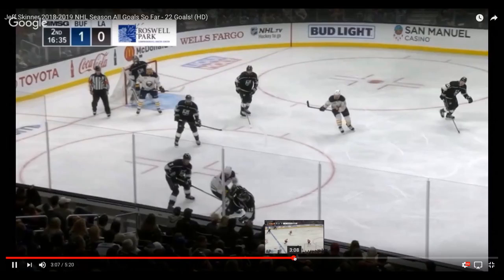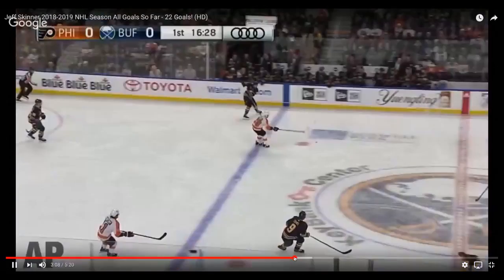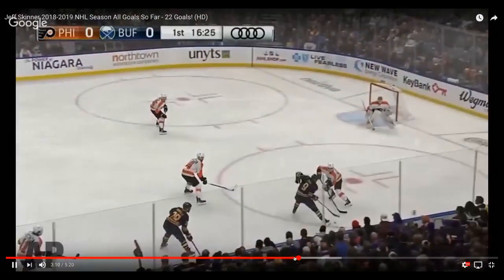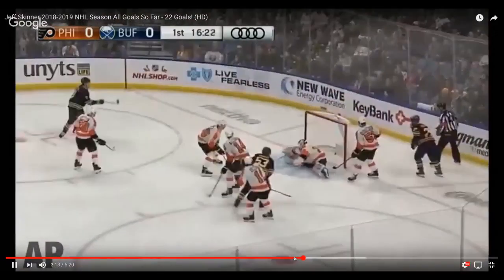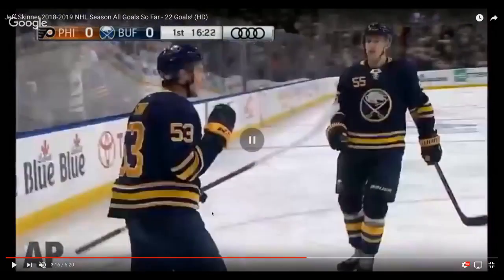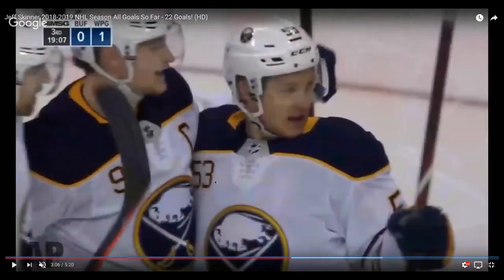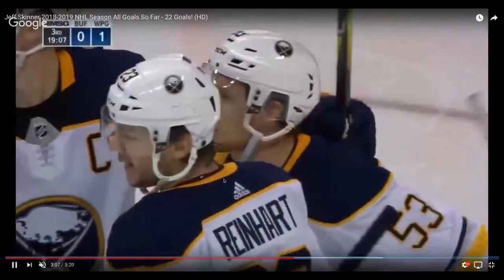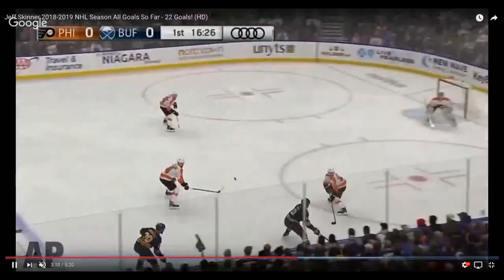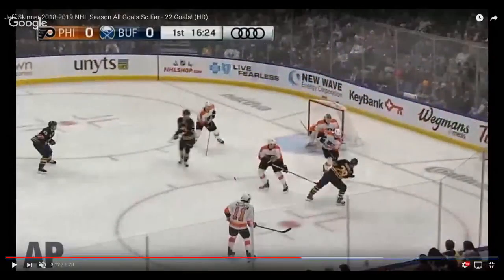So anyways, what we're going to see is an event where Eichel and Skinner are coming down the ice. Eichel and the Sabres take a shot, and they're vastly outnumbered, but that doesn't matter. We see the shot coming right now, and there are 4 defensive players in the zone, but they aren't really covering anyone.